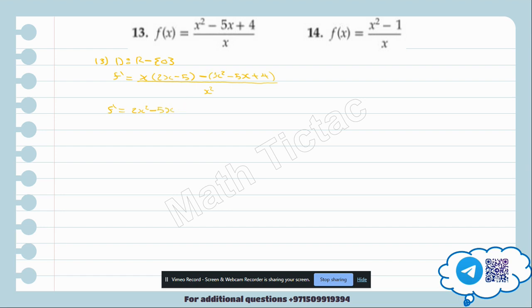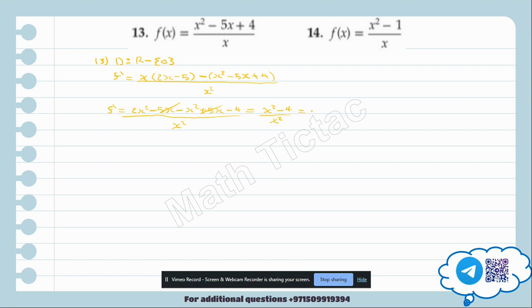Now we enter the minus inside this quadratic, which gives minus x squared plus 5x minus 4, over x squared. Now 2x squared minus x squared is x squared, and minus 5x with positive 5x are eliminated. Then we have minus 4, and in the denominator we have x squared.